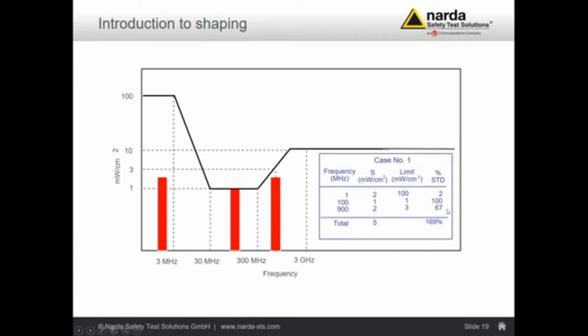If I calculate it directly in percent of standard, I see here 2%, here 100%, here 67%. So in total 169% means I'm in trouble. So the measurement in percent of standard always makes life much easier, okay? Milliwatts per centimeter square sounds very sophisticated to engineers, but finally the percentage helps more.